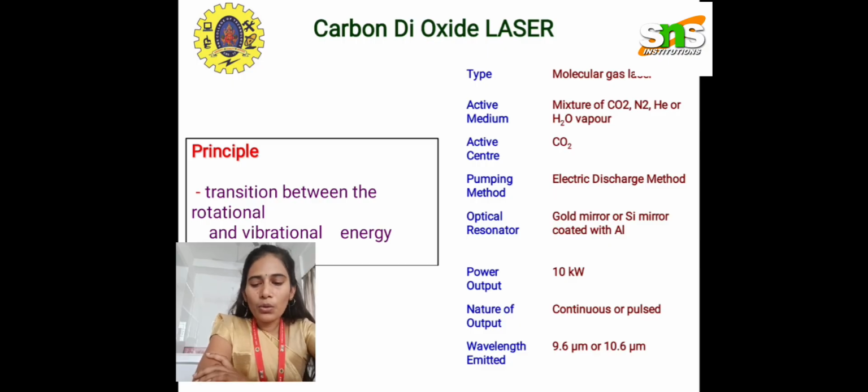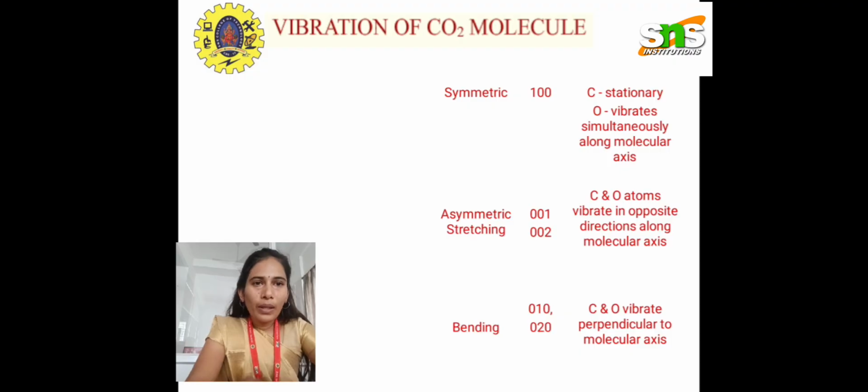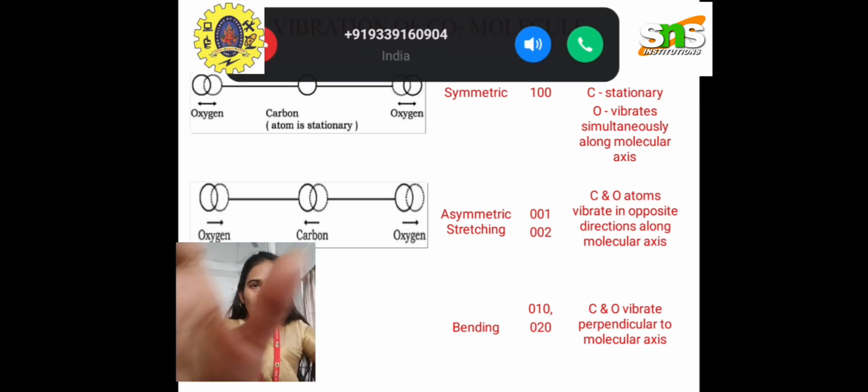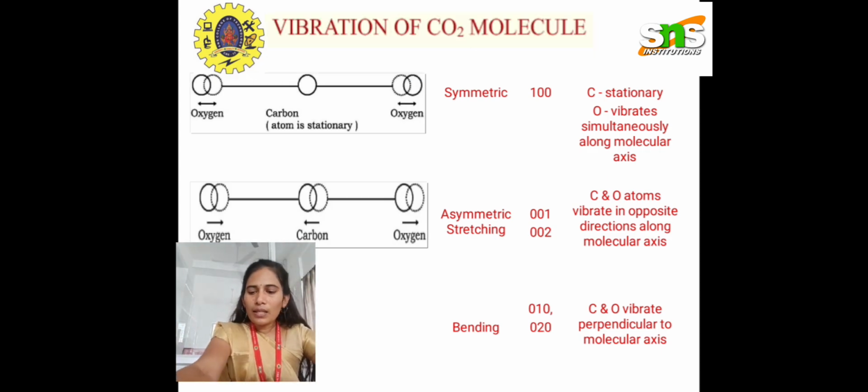The fundamental modes of vibration of CO2 molecules: there are 3 modes of vibration. The first one is symmetric stretching, the next one is asymmetric stretching, and the third one is the bending mode. First, the symmetric stretching mode.